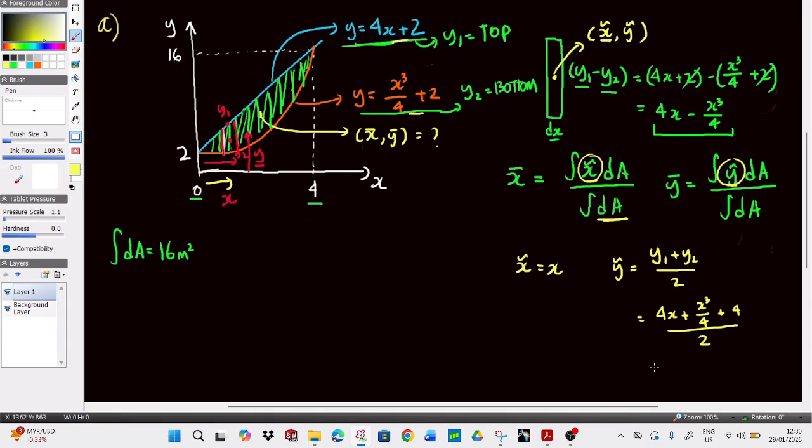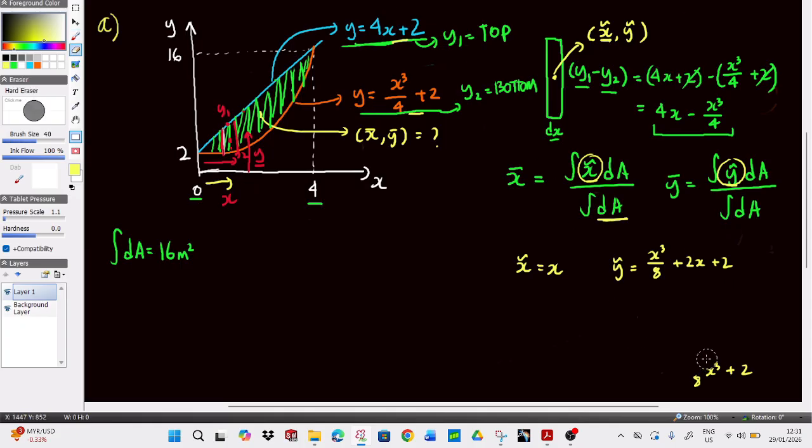Dividing by 2 gives 2x plus 1/4 divided by 2, which is 1/8, so it becomes 1/8 x cubed plus 2. You already got your y tilde and x tilde. I can save space by writing it as x cubed over 8 plus 2x plus 2.